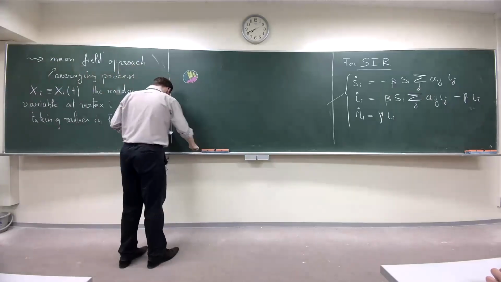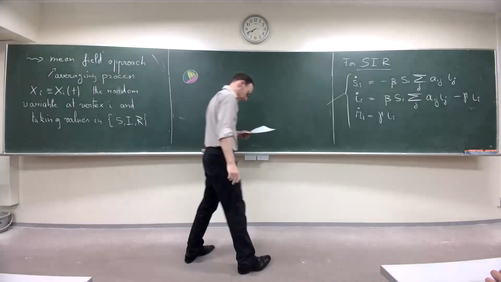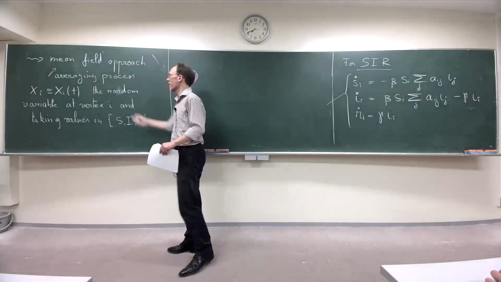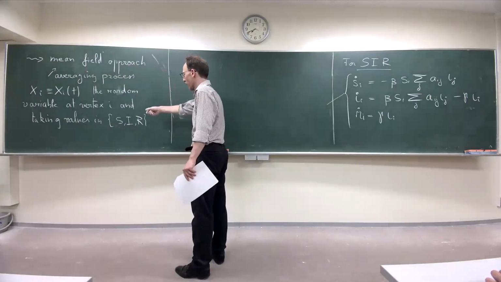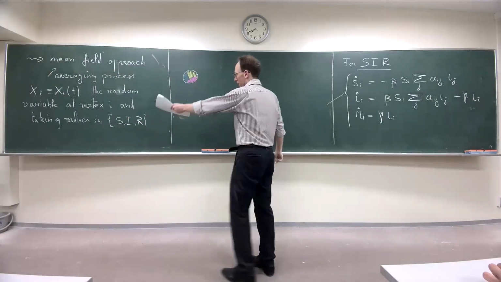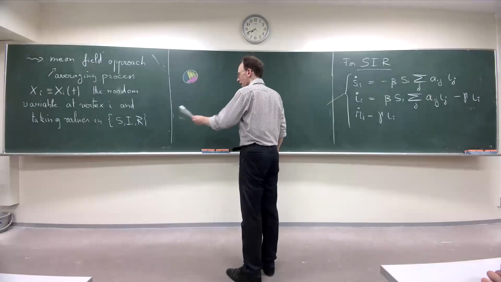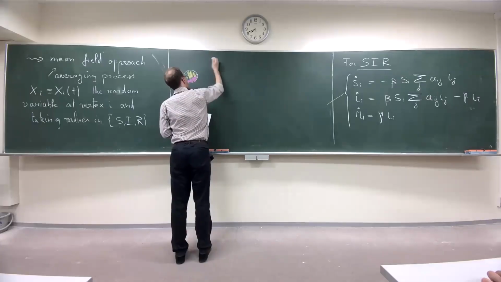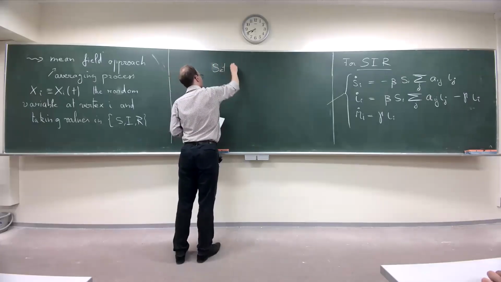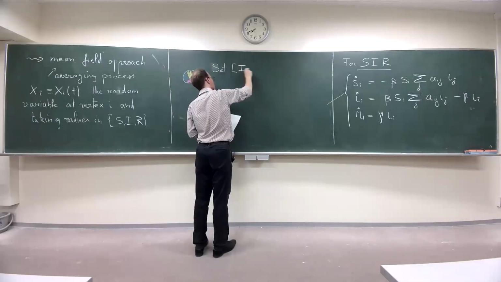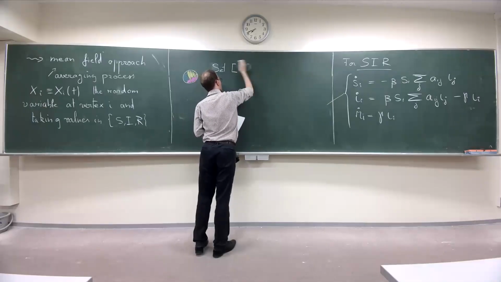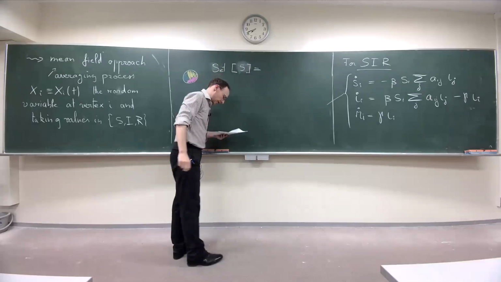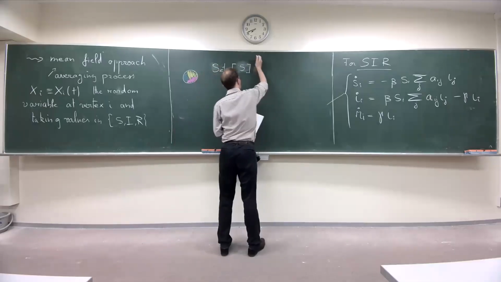Right. Okay. So for each vertex, we have one random variable taking value either S or I or R. And now we set, and this is a standard notation, let's start with S. I define this as a function of time.